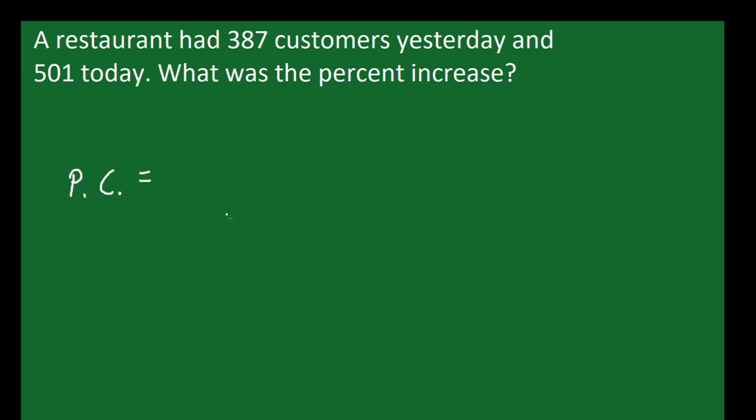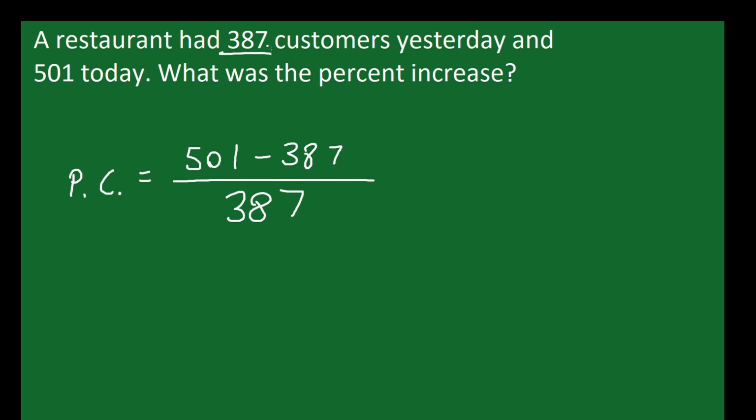The percent change is equal to the new value, which is 501, minus 387, because that's the original, divided by the original, which was 387. Again, I'm using 387 as the original because that was your value yesterday. That was your previous value that you had. And then we multiply by 100%.